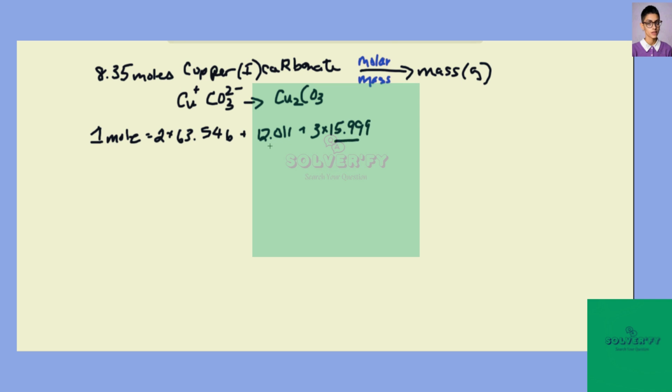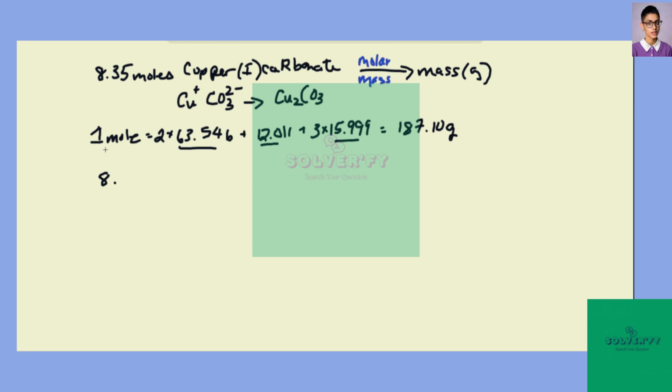These numbers have all come from the periodic table as the atomic mass of each element. And so when we multiply and add them together, 1 mole of copper carbonate has a molar mass of 187.10 grams.